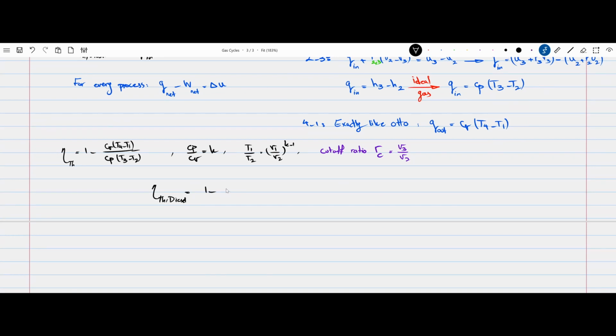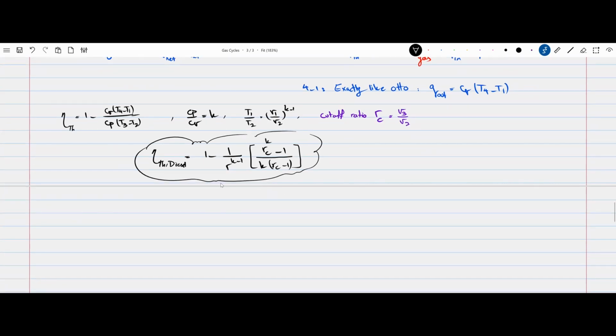It is 1 minus 1 over r raised to k minus 1, so far exactly like the Otto cycle, times, this is where the difference comes in, (rc raised to k minus 1) over k(rc minus 1). Very interesting equation in the sense that it is very, very similar to the Otto efficiency. However, it has an additional term. Let's take a look into that.